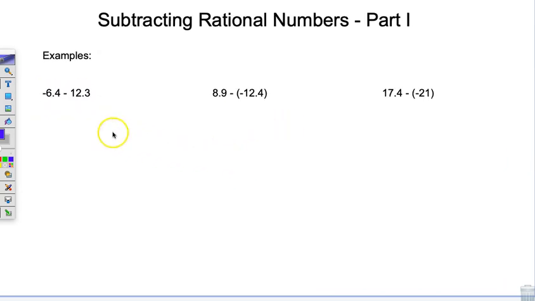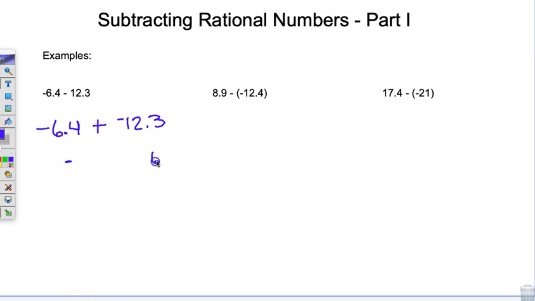In the last three examples, it looks like we're going to start with a negative number here, subtract 12.3. So again, I'm going to keep that negative 6.4. The subtraction sign changes to addition, and this is going to change to a negative 12.3. Since they are now both negatives, I know I'm going to end up with a negative answer.